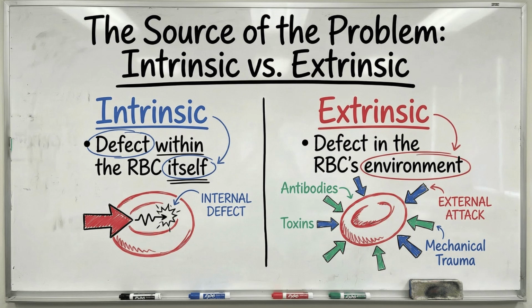Is the red blood cell itself flawed from the start? Or is it a perfectly good cell being attacked by something in its environment? This isn't just academic. It completely changes your diagnostic pathway and treatment strategy. It's the difference between a manufacturing defect and external damage.